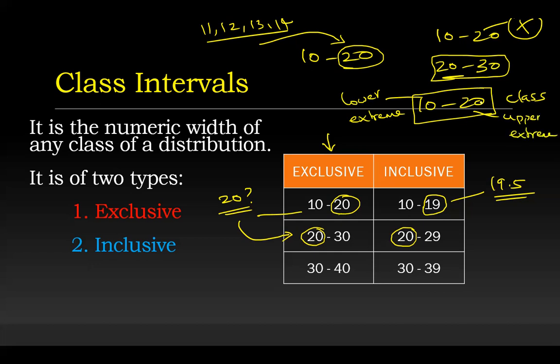When the upper extreme value of the first class interval is equal to the lower extreme value of the second one, then it is called the exclusive class interval. When these two are not equal, then it is called an inclusive class interval. This is what we are going to study in the next one.